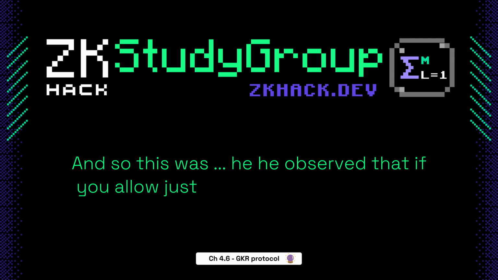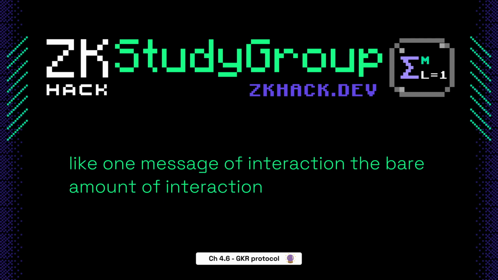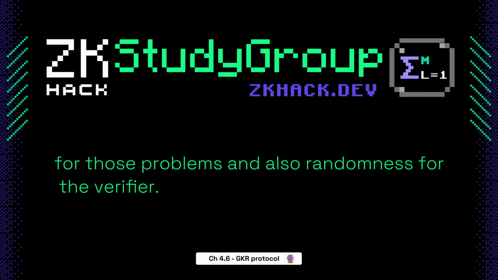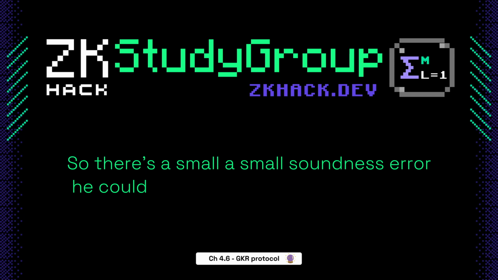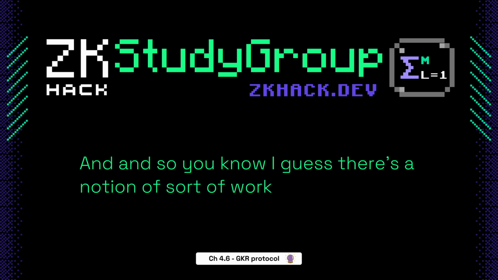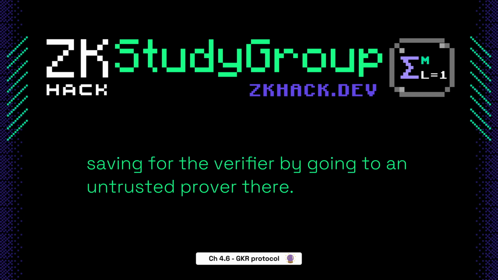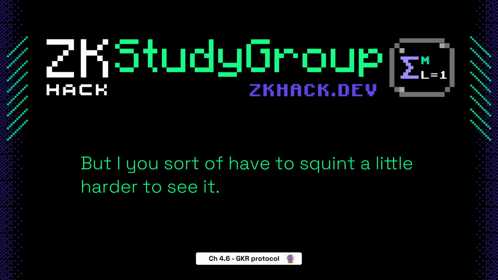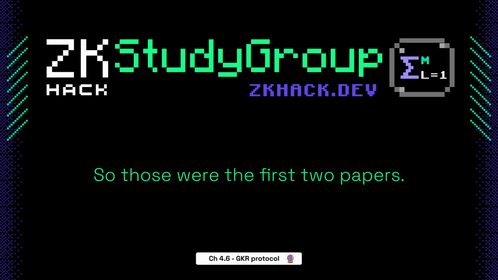He observed that if you allow just one message of interaction, the bare amount of interaction for those problems, and also randomness for the verifier, so there's a small soundness error, he could give efficient proof systems for those languages. And so, I guess there's a notion of work saving for the verifier by going to an untrusted prover there, but you have to squint a little harder to see it. So those were the first two papers.